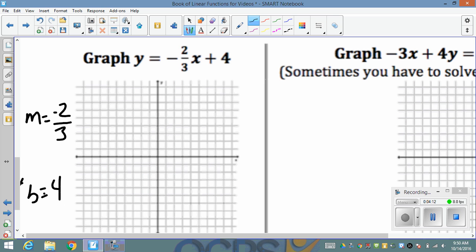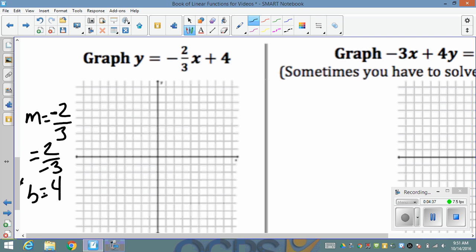Before we graph, let's talk about our slope. I can graph this as a -2/3 or as a 2/3. Either of those is going to work. Remember, it's rise over run. So we'll be counting, if we do the first one, down 2 to the right 3. If we do the second one, up 2 to the left 3.